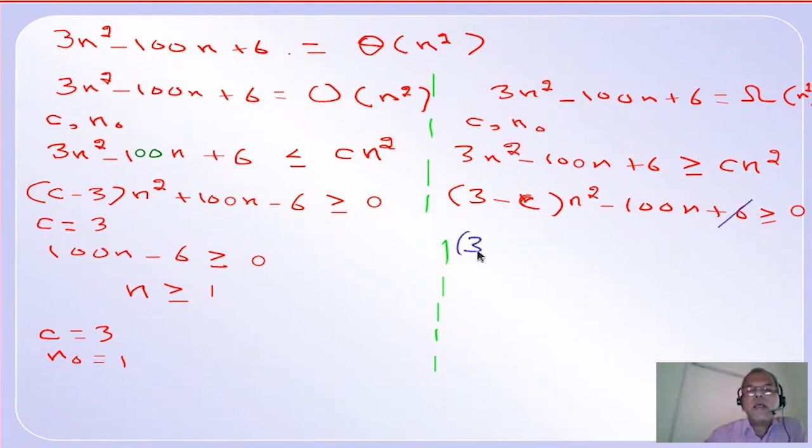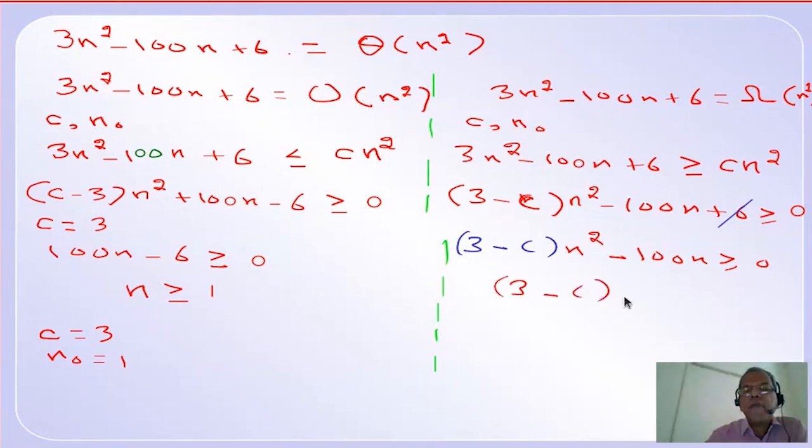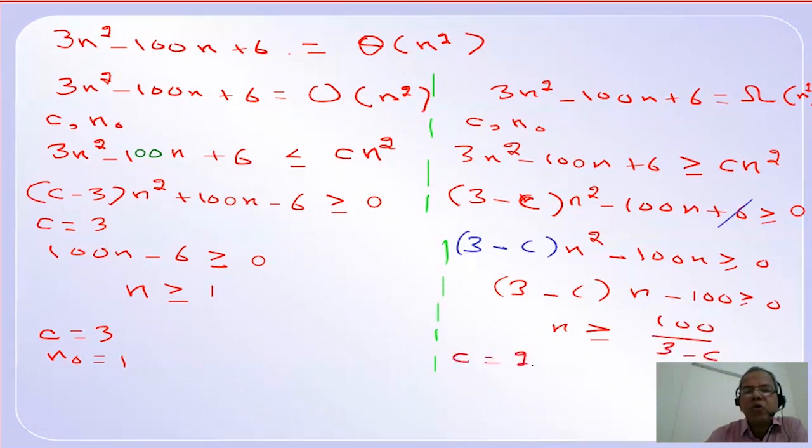Then I may say 3 minus c times n squared minus 100n is greater than or equal to 0. 3 minus c times n minus 100 is greater than or equal to 0. Therefore, n is greater than or equal to 100 by 3 minus c. Let me put c a value 2. Then this will be n greater than or equal to 100.